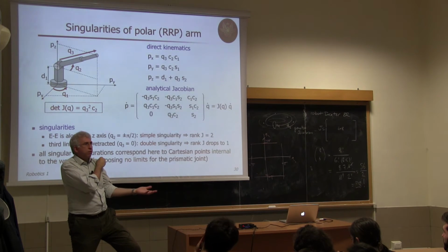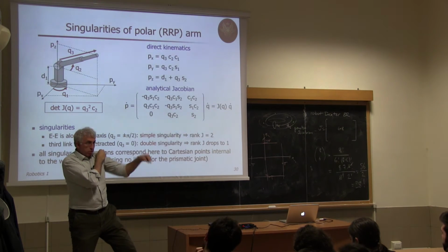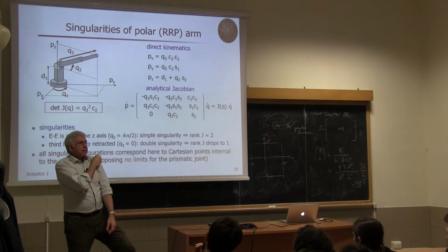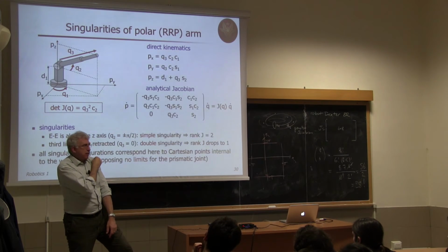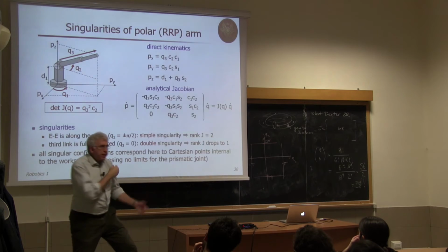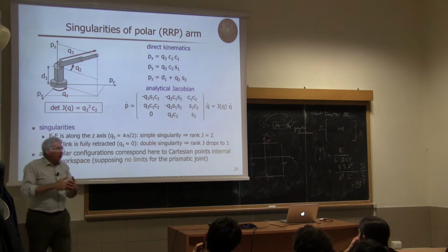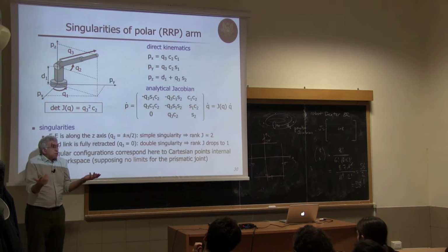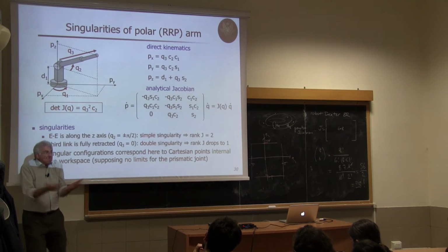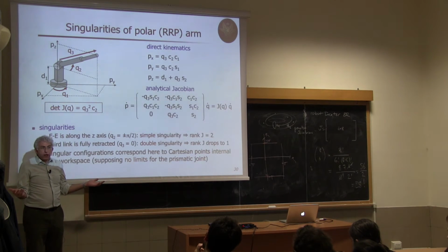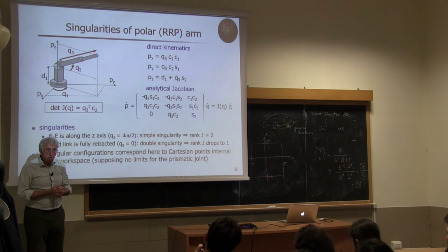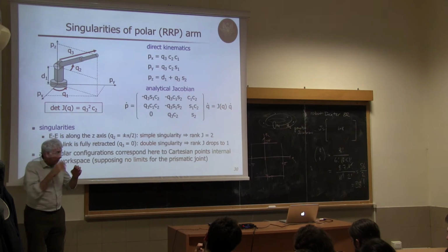So any value of Q1 and Q2 with Q3 equal to 0 assigns the end effector at the center of the shoulder. So in that case, the inverse kinematic problem could just find Q3 equal to 0, but could say nothing about Q1 and Q2. So we have a double infinity of solutions to the inverse kinematic problem. You see this association.